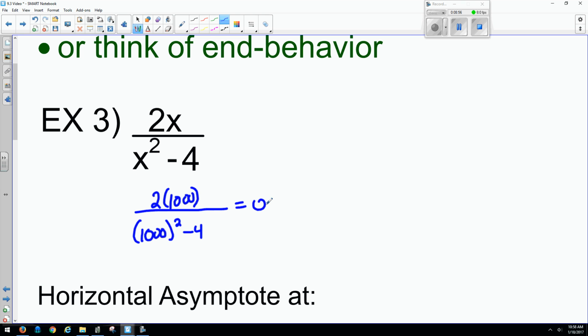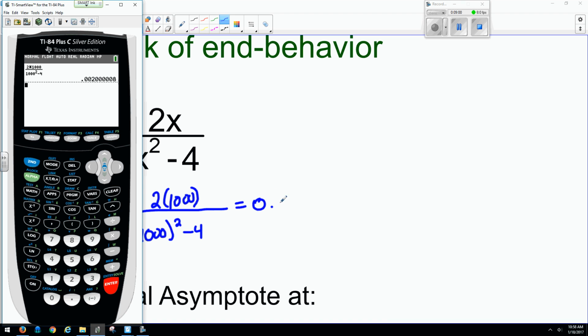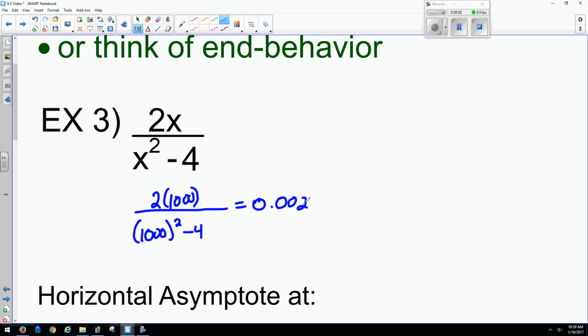And we get 0.002, and I think it continues a little bit there. But we can kind of see that this value is approaching 0. And the larger number you plug in for x, the more obvious this will be that this value is actually approaching 0. So we would say the horizontal asymptote would be at 0.